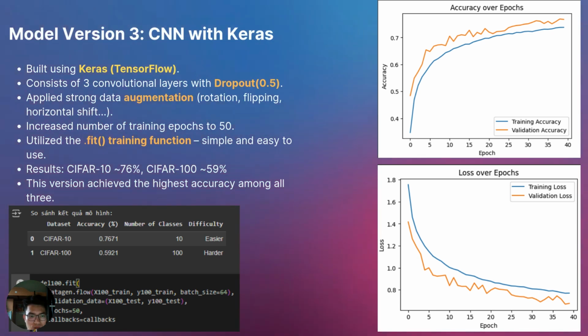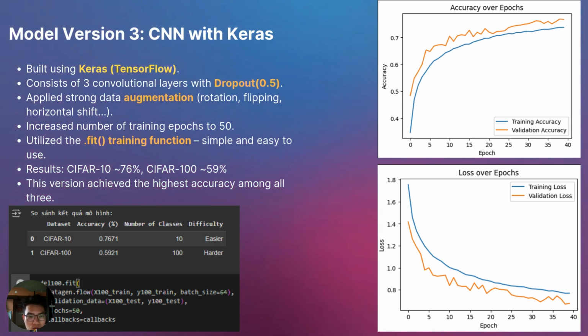Dropout and augmentation can help avoid overfitting for the model. I also use the fit training function that is available in the Keras framework. This function is really easy and simple to use. Like our report picture below the table, you just need to input some basic information of the dataset.